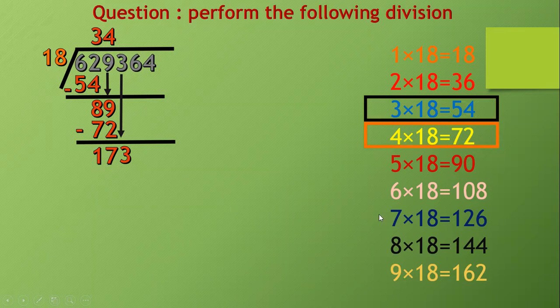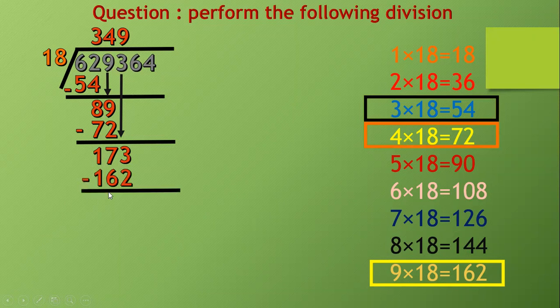Now find the product. Yes, 9 multiplied by 18 is equal to 162. 162 is nearest and smallest to 173. Place 9 in quotient and 162 here. In next step, subtract 162 from 173. Our answer will be 11.